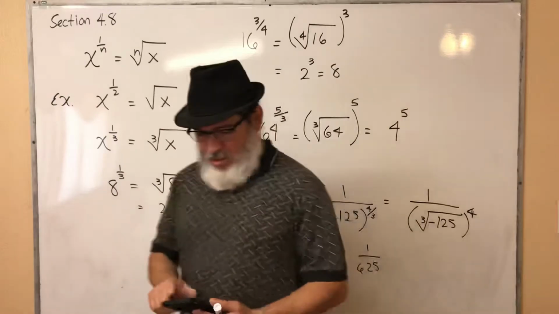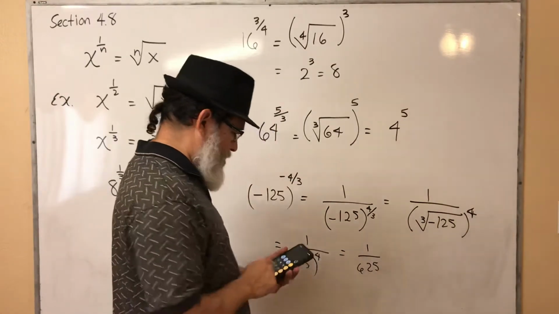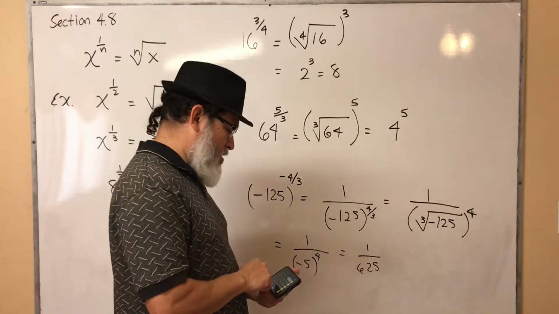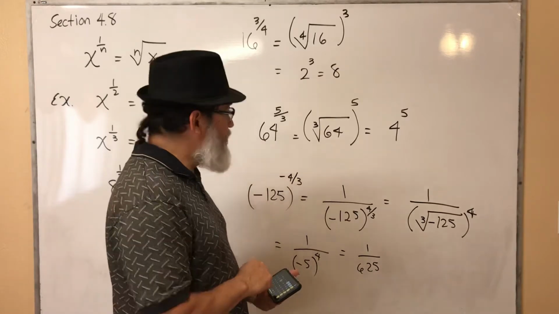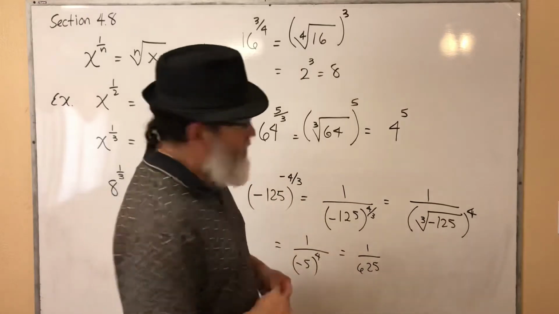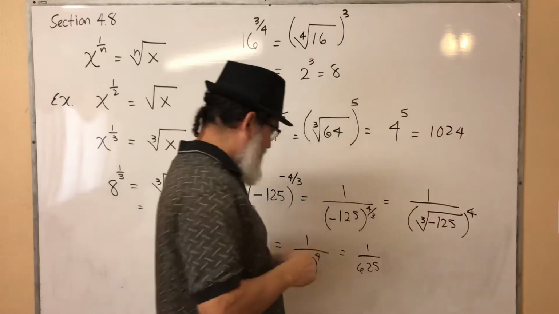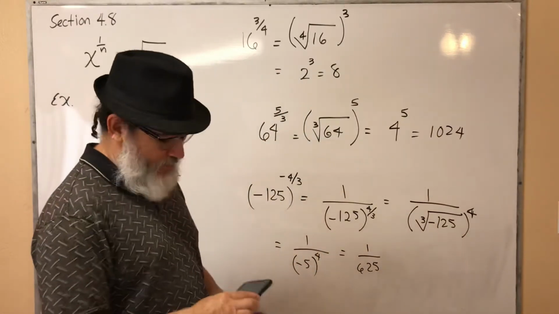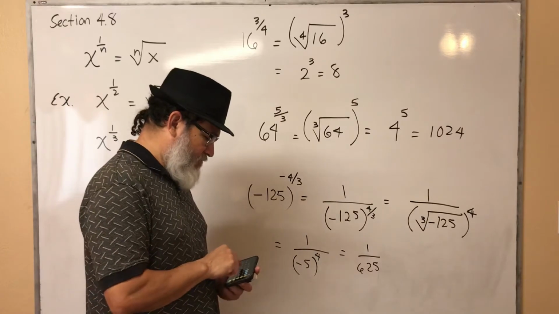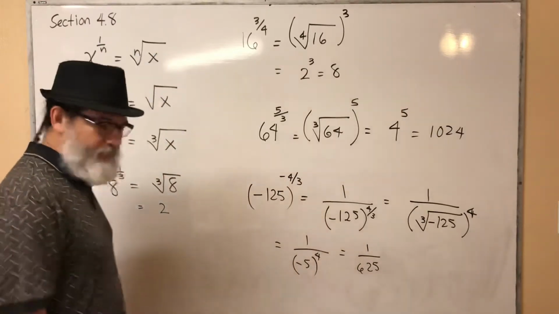Okay. And so I'm going to do 4 raised to the 5th power. This is 1024, and negative 5 to the 4th power, let's say 5 to the 4th, okay? 625, so that's right, okay?